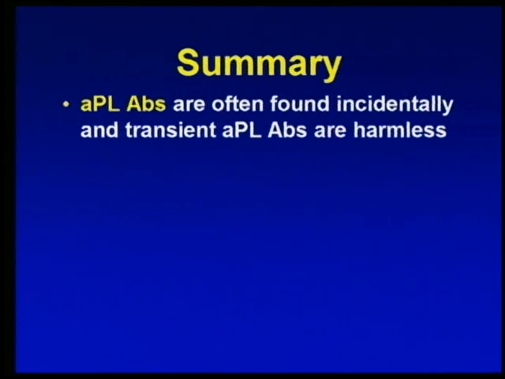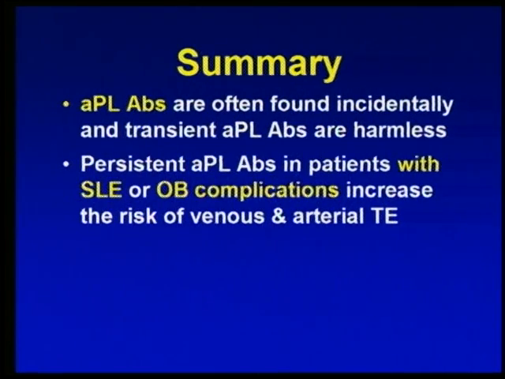So to summarize our discussion, antiphospholipid antibodies are found not that uncommonly, and often incidentally, in normal individuals. They're usually transient, maybe related to infections, but often are harmless. Persistent antiphospholipid antibodies, particularly in patients with systemic lupus or those with obstetric complications, are important.